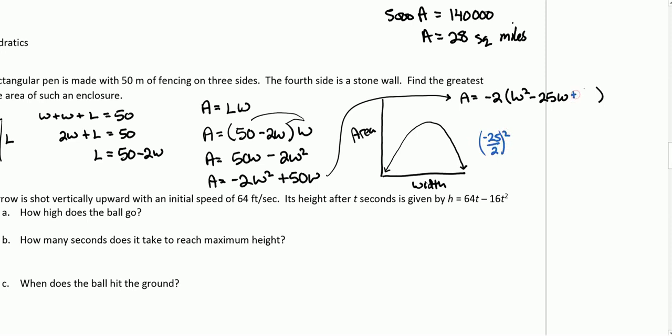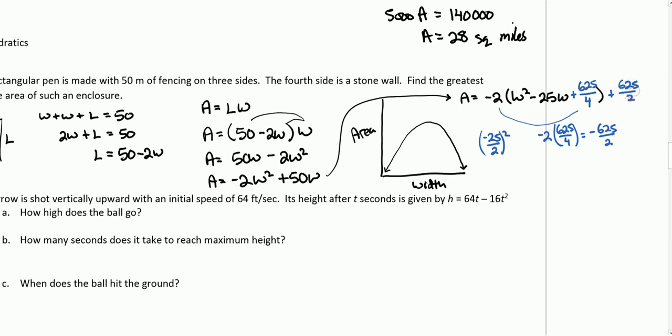So we're going to get 25 times 25, which is 625, over 2 times 2, which is 4. This really has a value of negative 2 times this value. So negative 2 times 625 over 4 is going to be negative 625 over 2. So that's what I'm going to add.